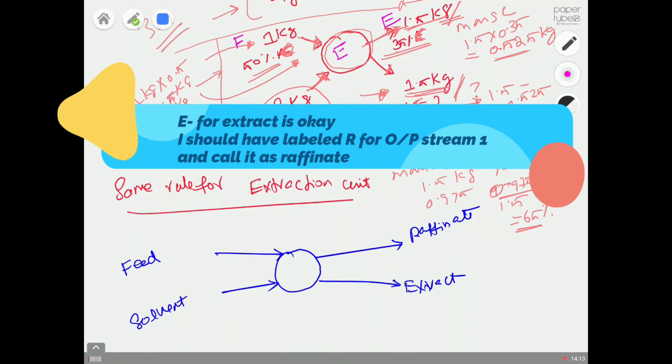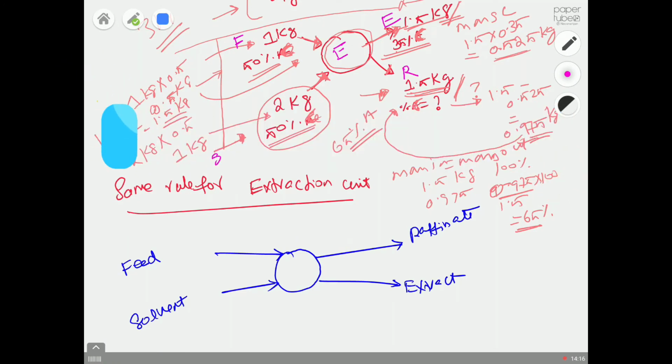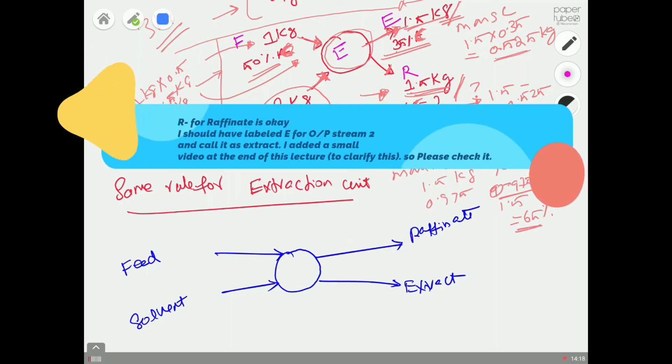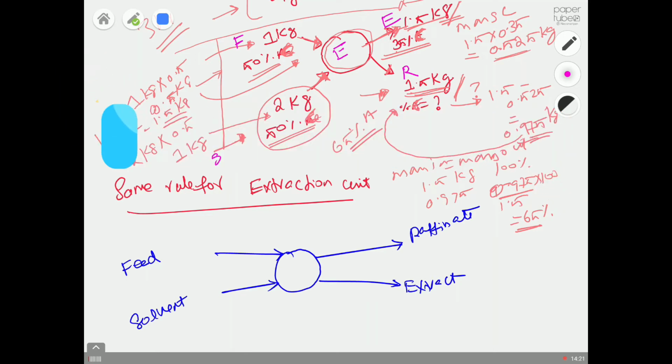And this stream, we can give some notation R. And then this percentage of C, we can express in terms of mass fraction instead of percentage. We can just divide it by 100, it will give the mass fraction. So we can give some notation XF that refers to the fraction of solute in feed. Just assume this C, whatever I said, that's your solute in the feed stream. And here this 50% C, we can give some notation, why not?